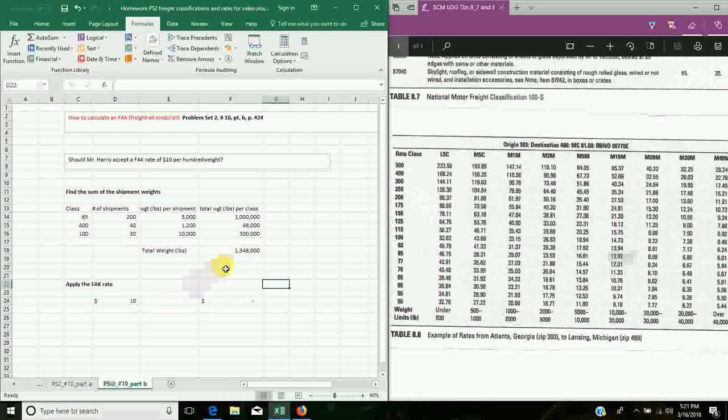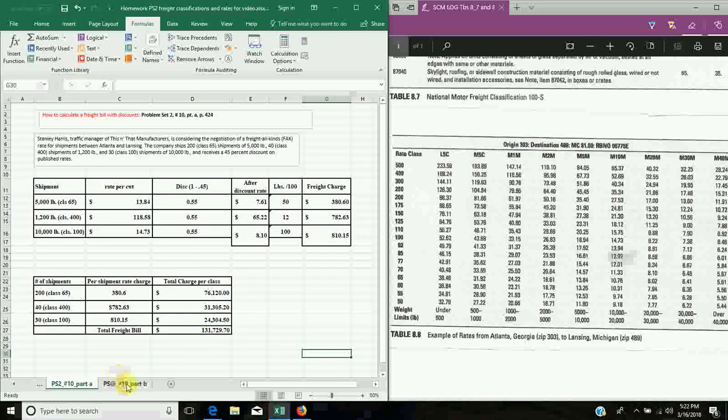No, we multiply this number times the hundredweight of this. And if you remember, all we have to do is take this number, 1,348,000 pounds, divided by the 100 to get the hundredweight. And I already kind of put the calculation in, so this number times the $10 FAK rate is 134,800.